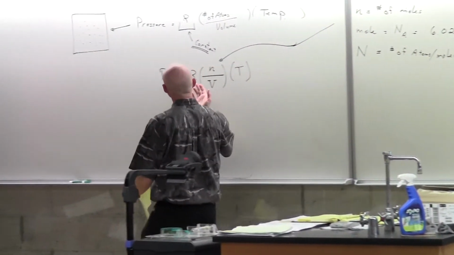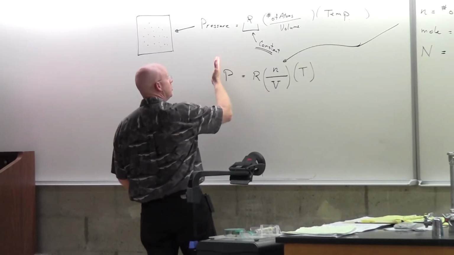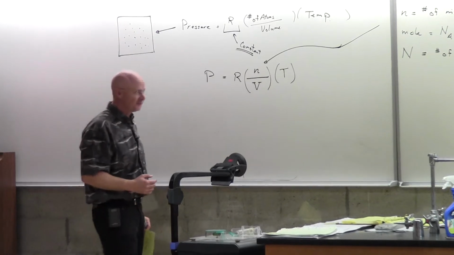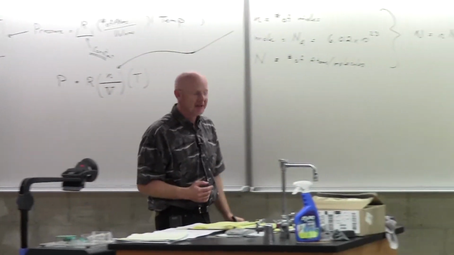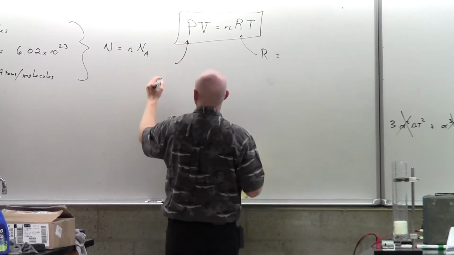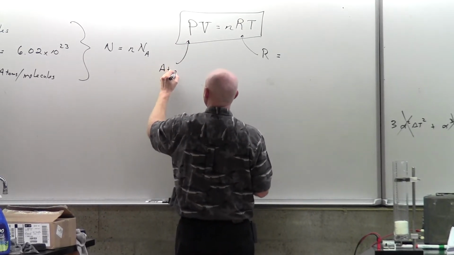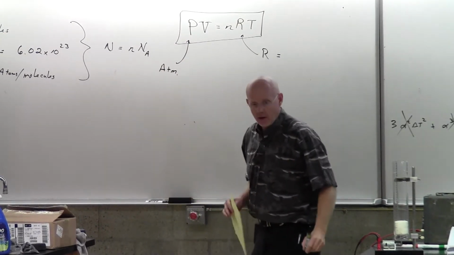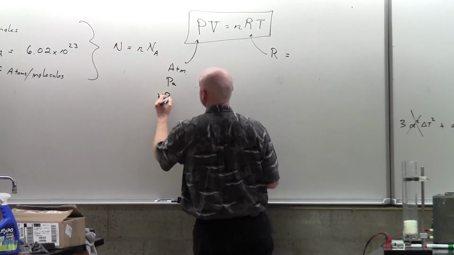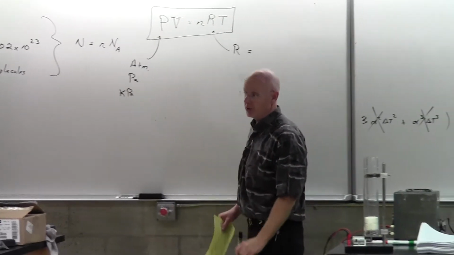And so we should ask, what units do we want to use for pressure? And so some of you, I hear you telling me atmospheres. Others, I hear you say pascals. And I'll put kilopascals in there because I heard that too.